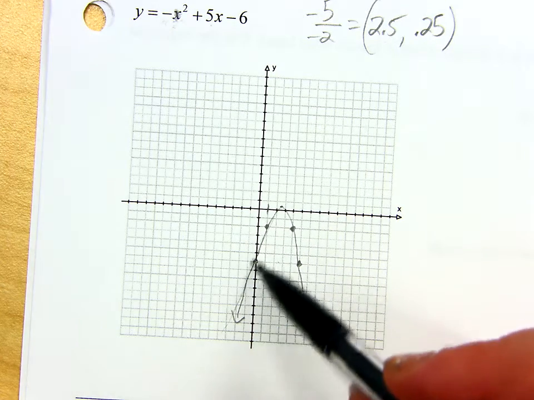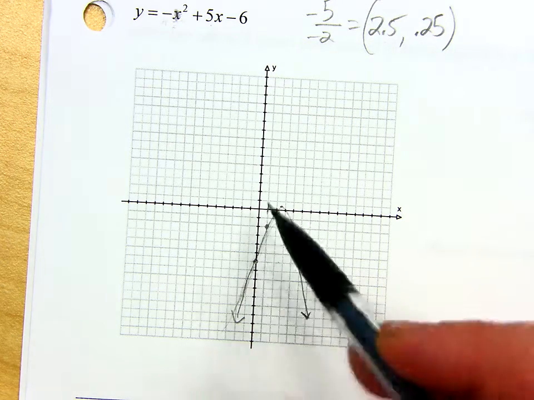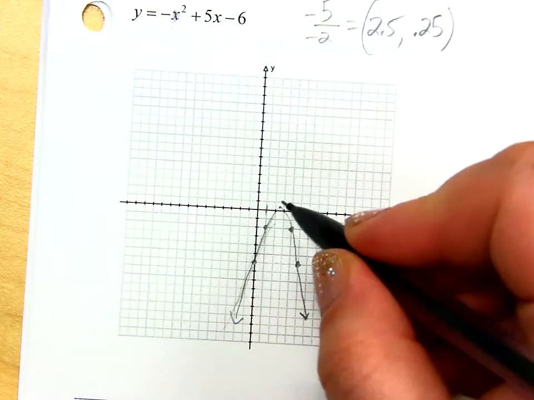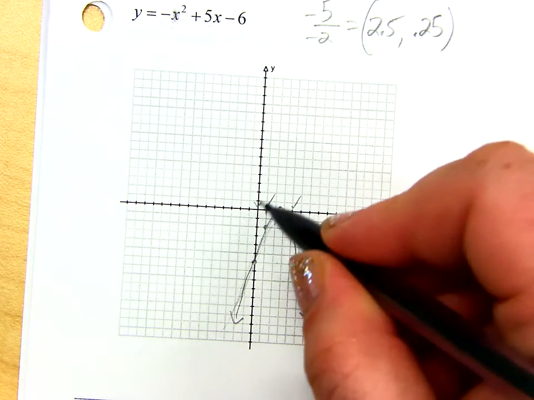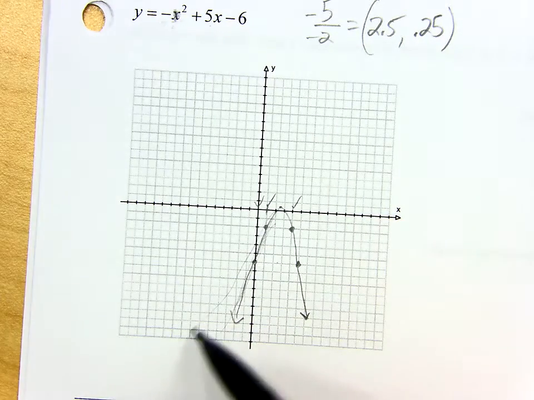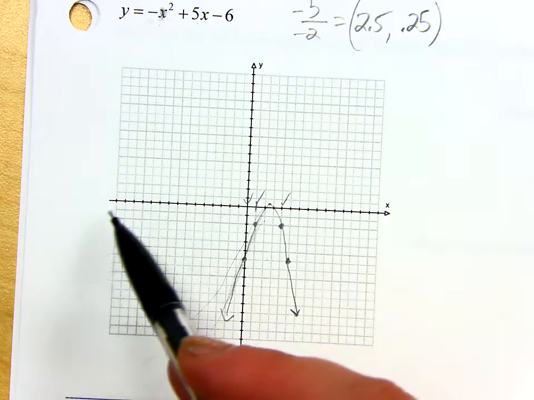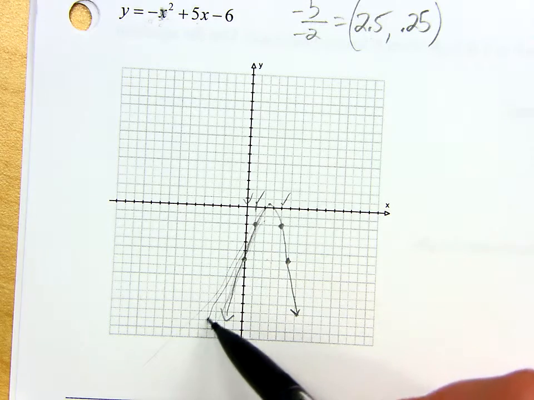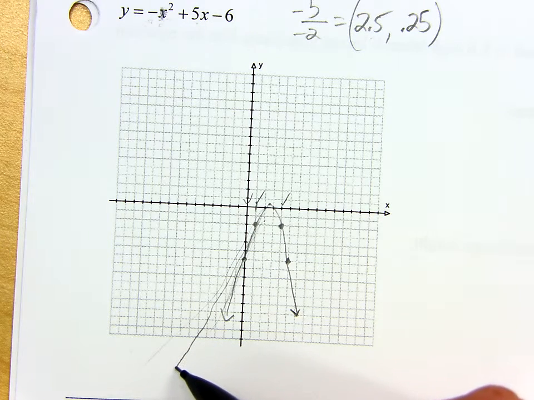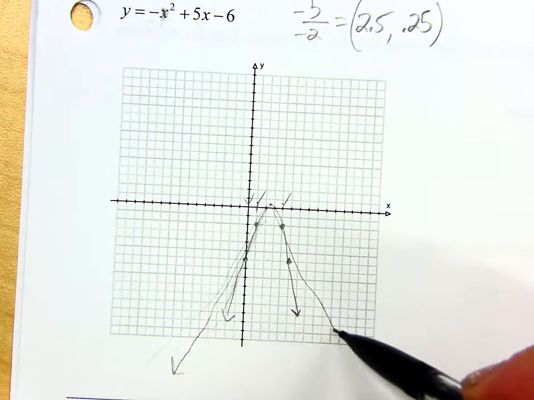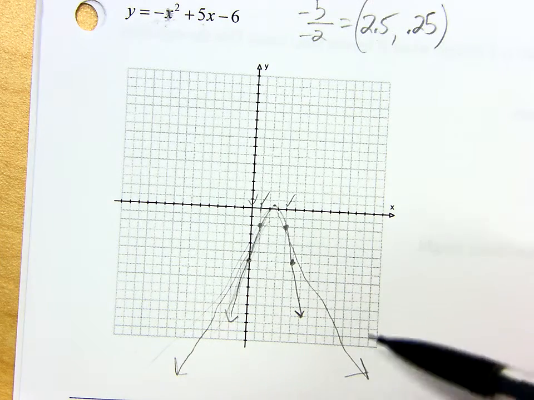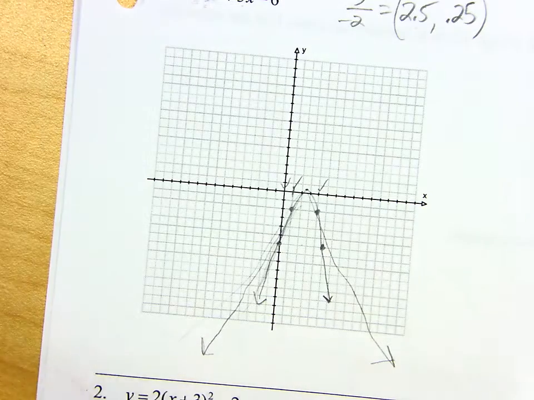My x values that are covered: I have an x value for 1, for 4, for 0. Aren't I eventually going to get an x value for all of these? Forever? Because this is just going to keep going this way forever, and it's going to go this way forever. So basically, this graph will eventually cover the entire x-axis.